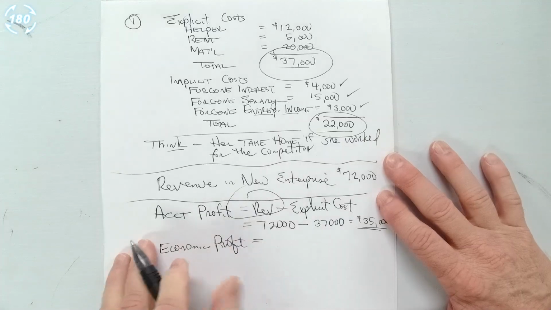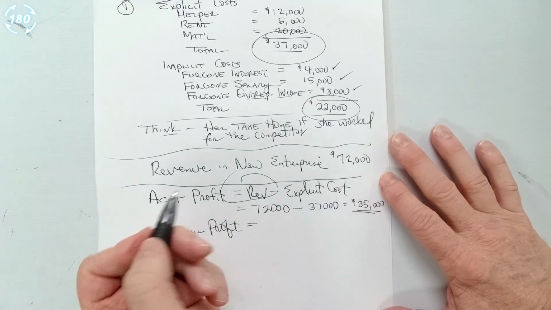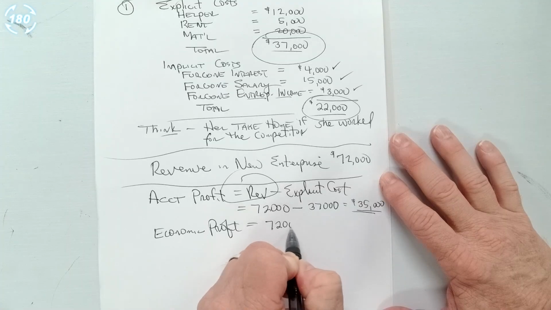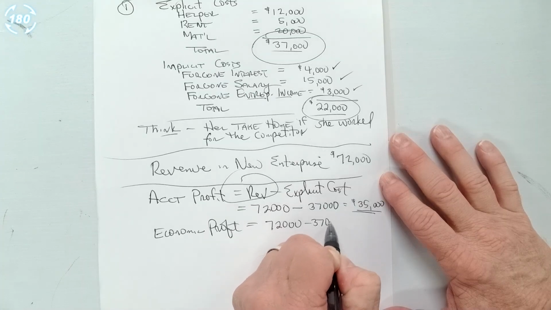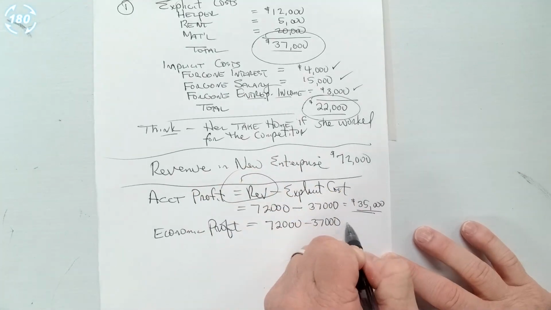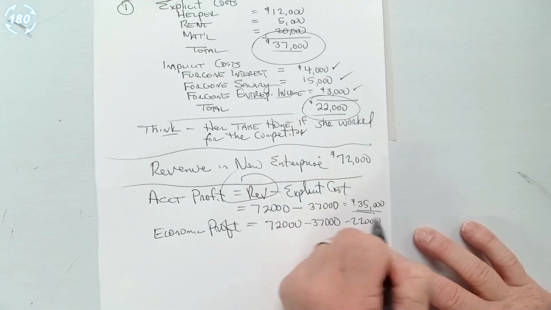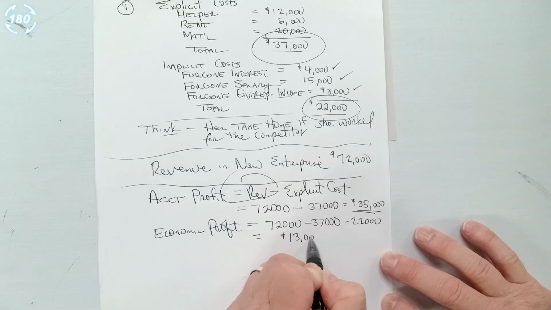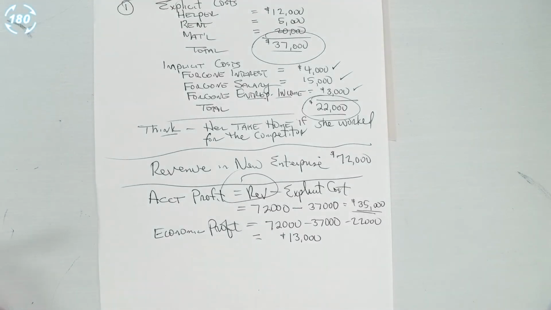So this is revenue minus explicit cost minus implicit. 72,000 minus 37,000. And then the implicit cost is 22,000. Oh, well, that's going to shave it on down, right? 13,000. This is her economic profit.